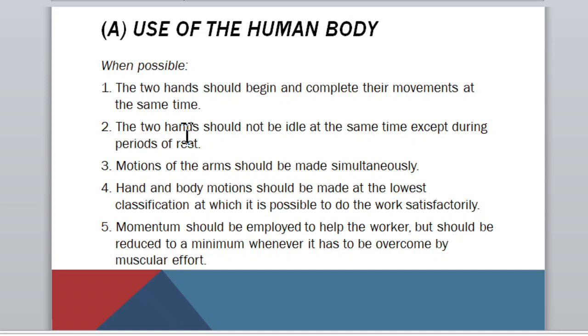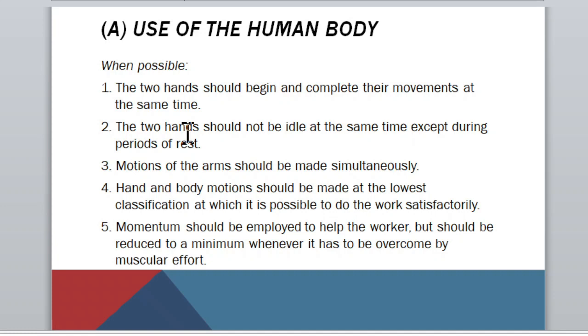So if you are using the right hand, we are not expecting that the left hand is not used. So from the word simultaneously, it can also alternate. It depends on the nature of the work. So if both hands are really needed, then that's good, no? It cannot be that the left hand is idle for a long time, and the right hand is also idle for a long time.